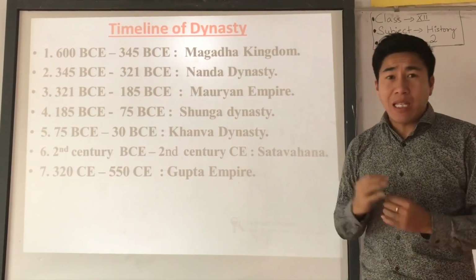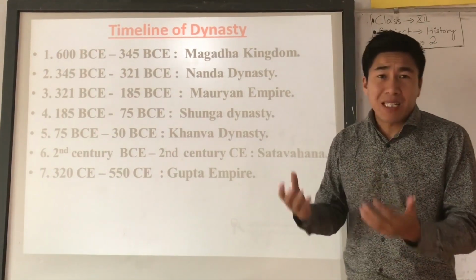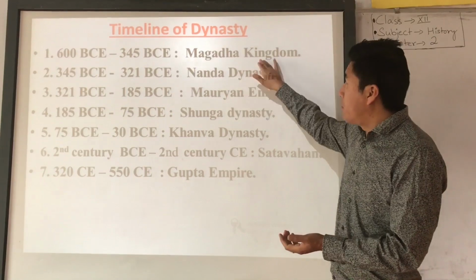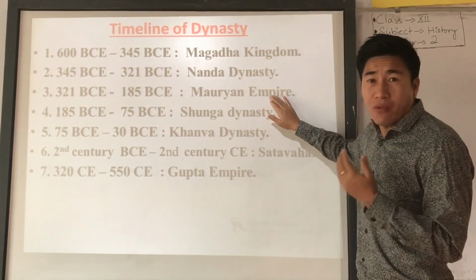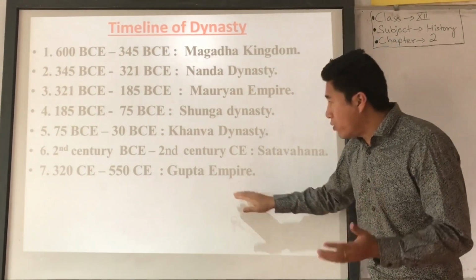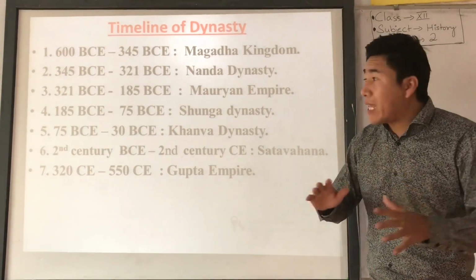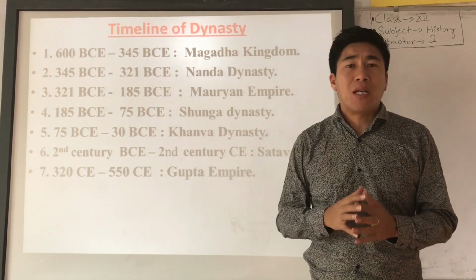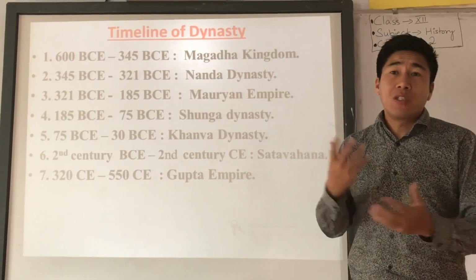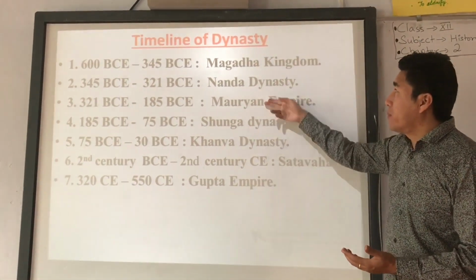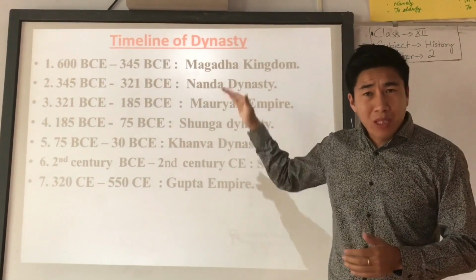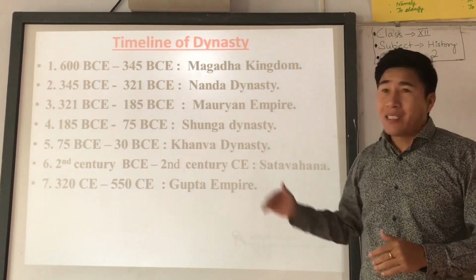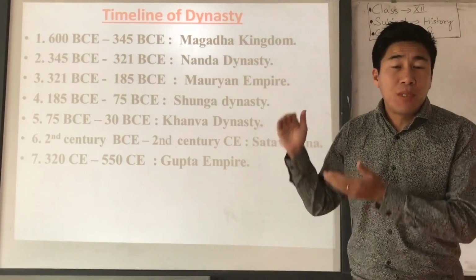But in this chapter, the important dynasties we are going to learn about are Magadha, which we have done, then Mauryan, which we have done, and then we are going to study the Gupta Empire. I'm not saying the others are not important. Yes, they are important, but in our chapter we are going to discuss more about these three. Understood? So these are the chronological order of dynasties during the ancient period.